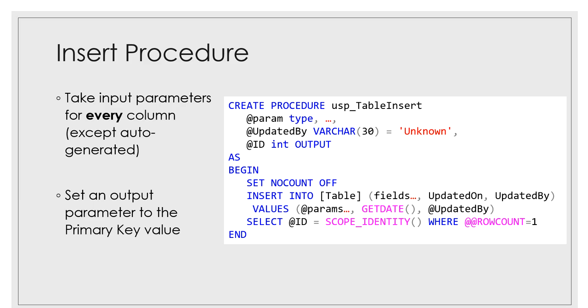Insert procedure. We need input parameters for every column, except, of course, auto-generated ones, right? So we have all these parameters, and the data types, of course, should match the data type of the field in the table itself, right? Updated by, okay? We're going to have a parameter for that, and I'll usually set a default value here.